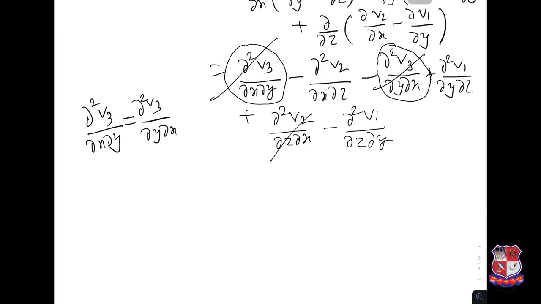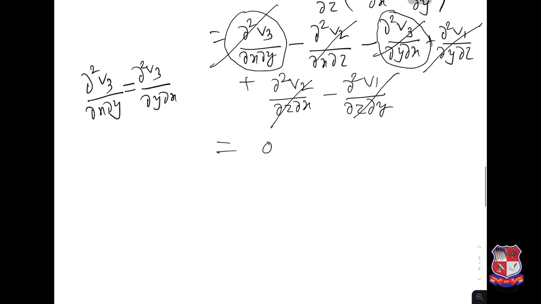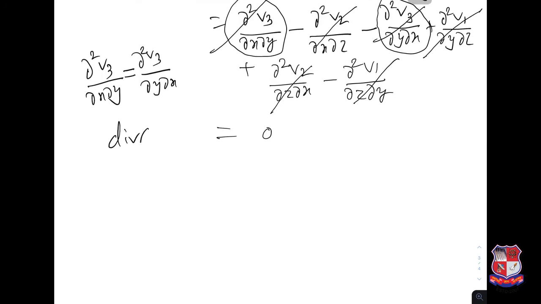Similarly these two, del square v2 by del x del z also, and del square v1 by del y del z also, so you are having 0, and so divergence of curl of v is 0.